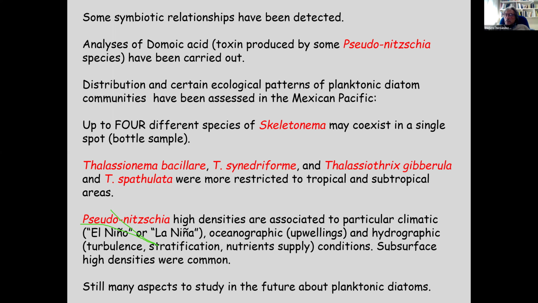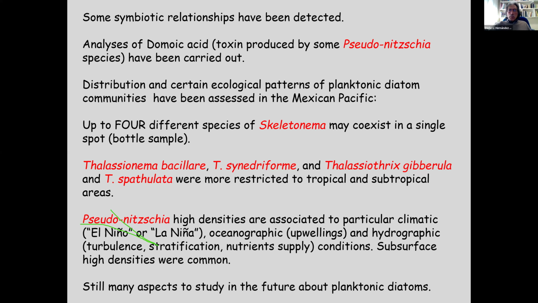Right, some of the conclusions or important points to be discussed is that these symbiotic relationships were detected, and we are trying to discuss what is the meaning of all these very strange relationships.